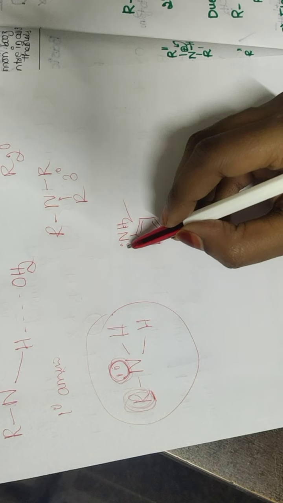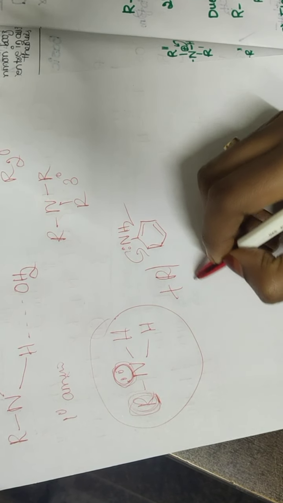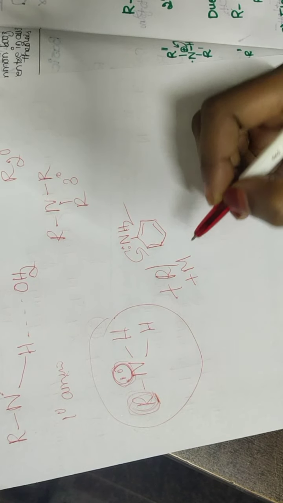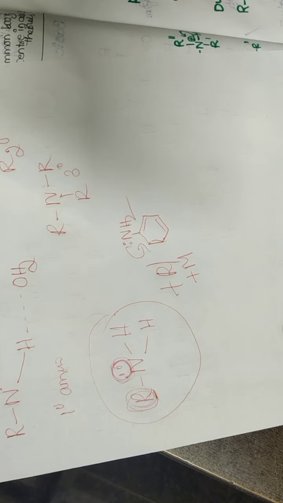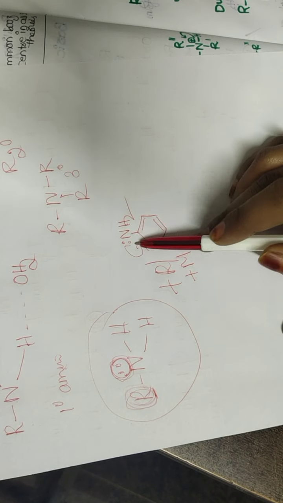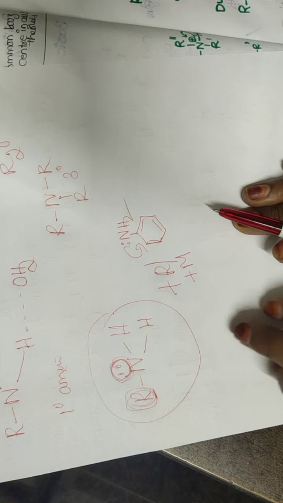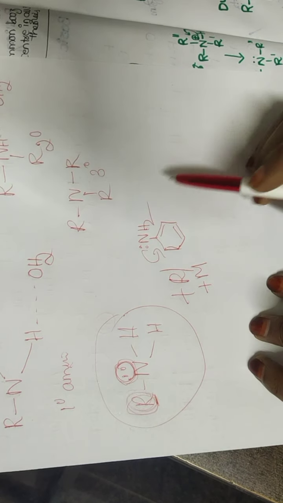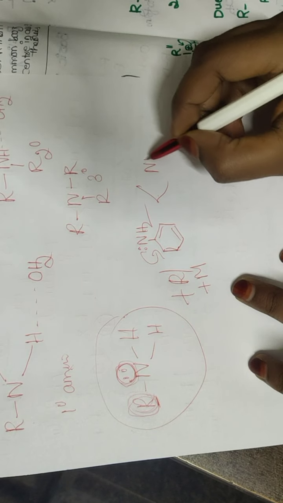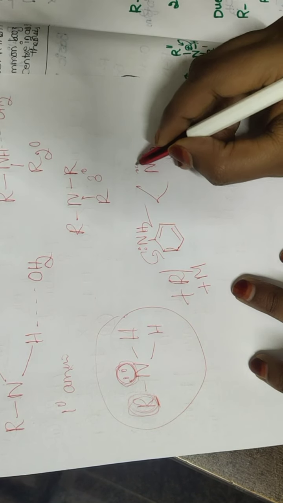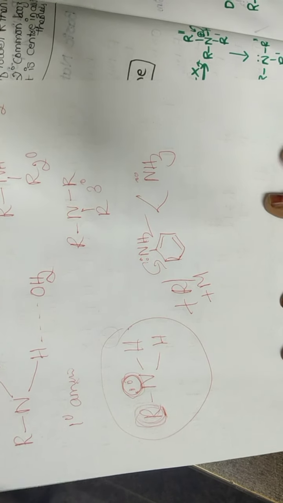So this lone pair of electrons is involved in positive resonance effect or positive mesomeric effect. Due to the positive resonance effect, the lone pair of electrons is not freely available to show the basic character. As a result, the basic character of aniline is lesser when compared to that of ammonia, because in ammonia the lone pair is freely available, so it can donate and show its basic character.